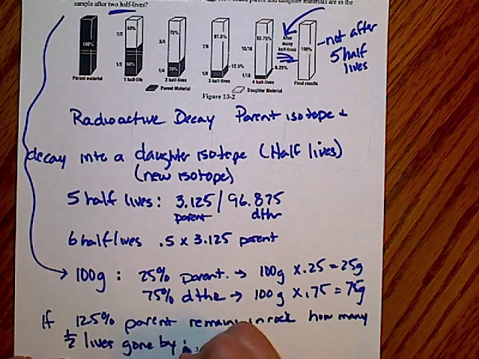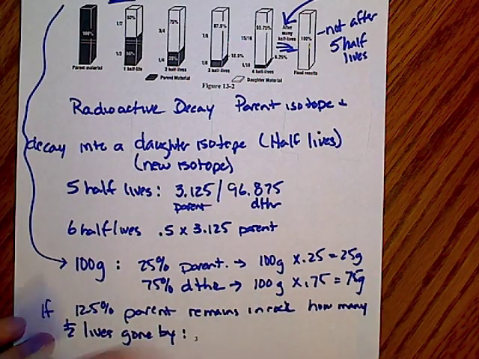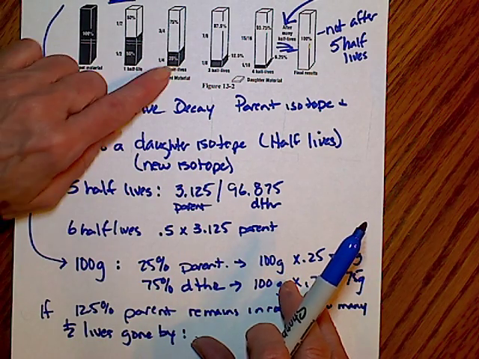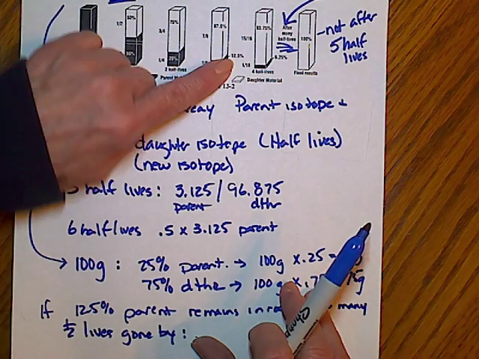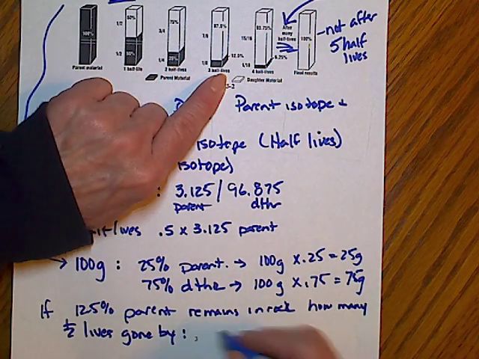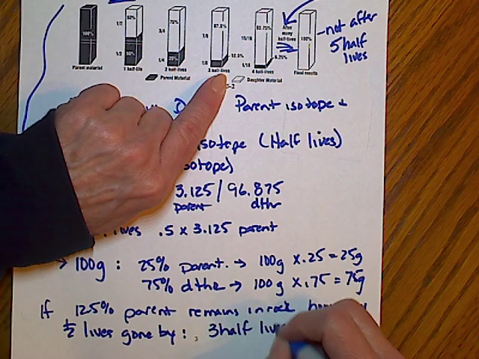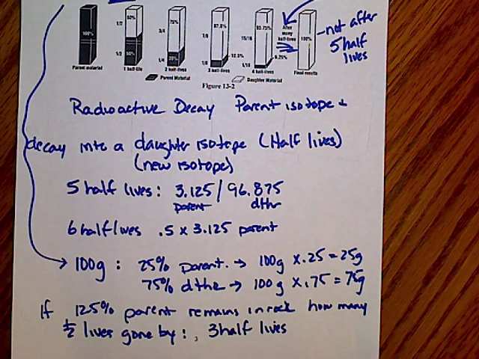Well, let's take a look at our chart. Where do we find 12.5% in my parent? So we know the parent is the dark colors. This is 50%, this is 25%, and this is 12.5%. So that would be after 3 half-lives would be the answer there. Okay?